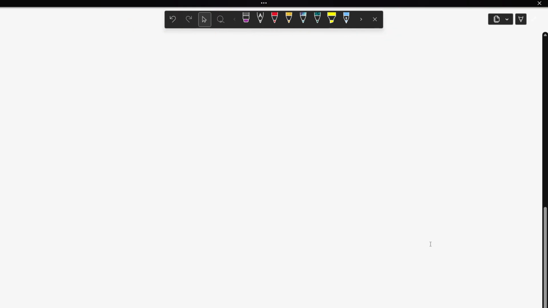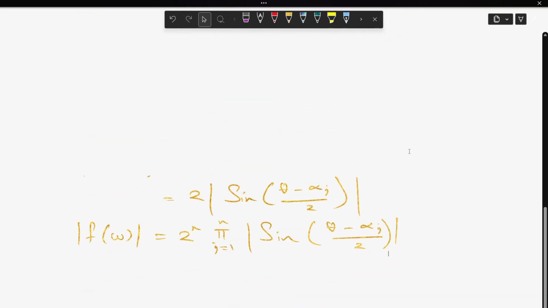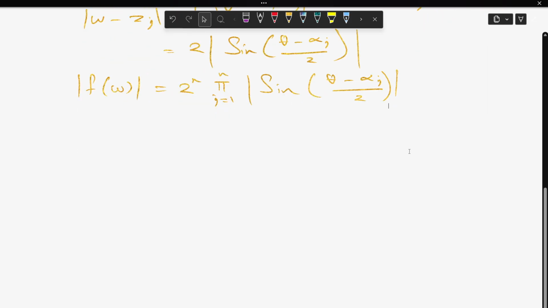So now from this thing what can we get? We can get that the maximum value will arise in this.